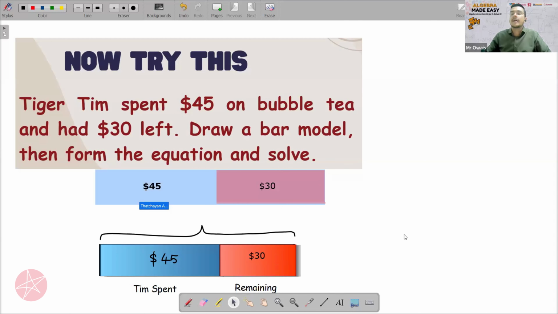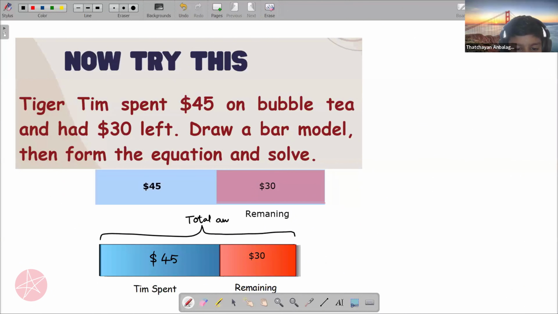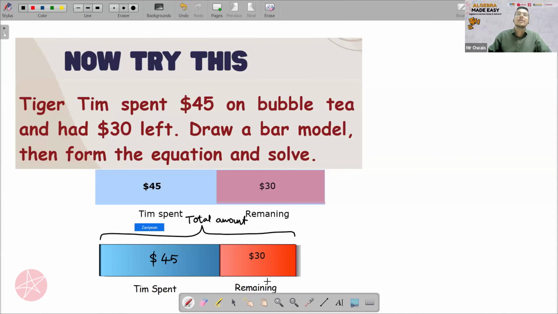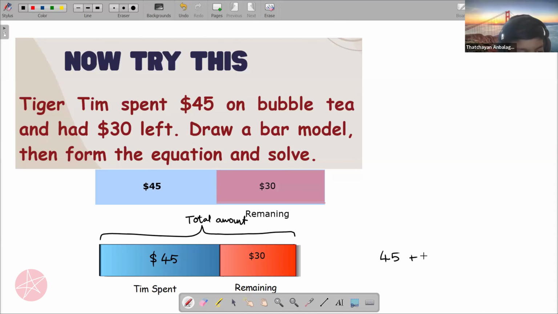So what does the entire bar represent again? 45 plus 30. Yes, the total amount that he had, right? So this is the total amount. Or simply the total. So in order to find out the total, we're going to have to do 45 plus 30.